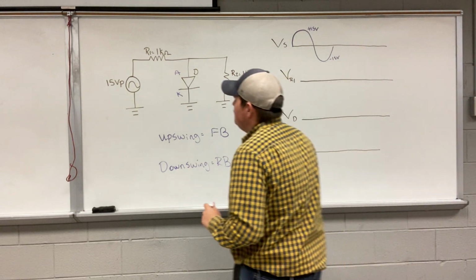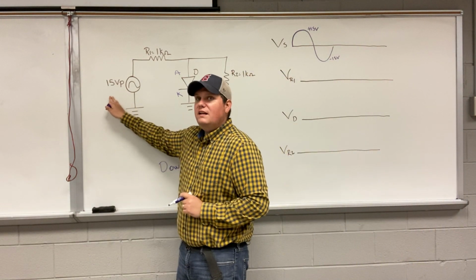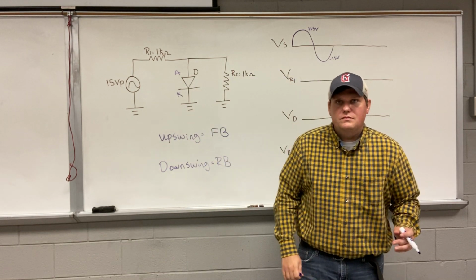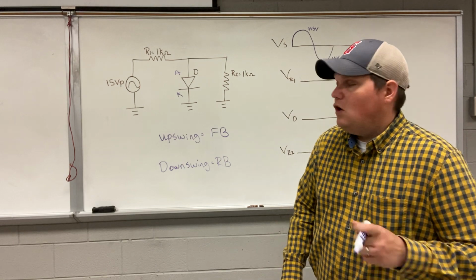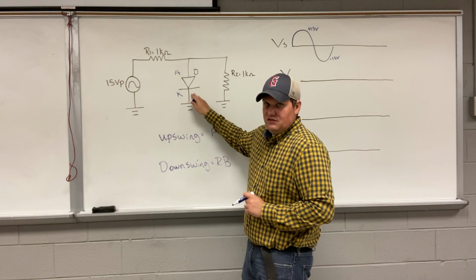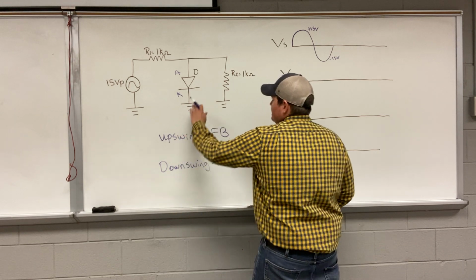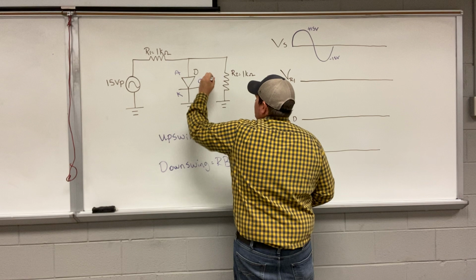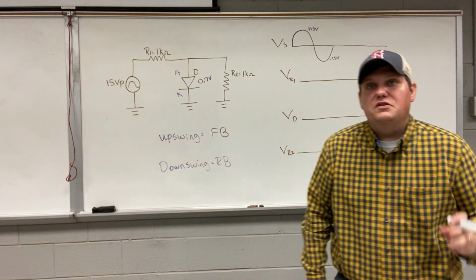So 15 volts is plenty enough to make this diode lock. So at 15 volts on the upswing, the diode is forward biased. So that means that the diode is going to be 0.7 volts.